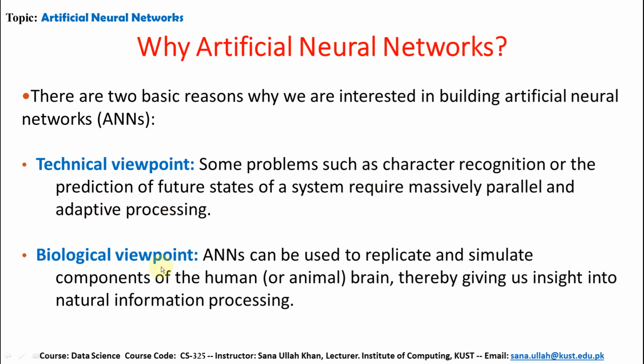From the biological viewpoint, artificial neural networks can be used to replicate and simulate components of the human or animal brains, thereby giving us insight into the natural information processing concepts.